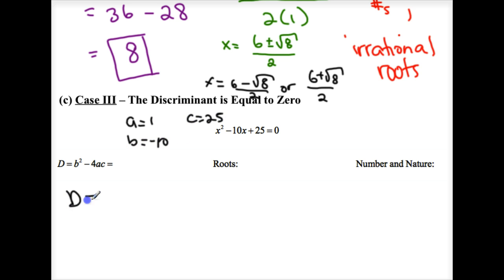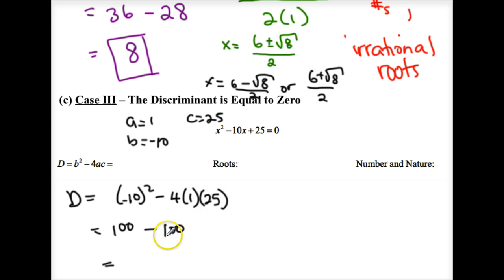My discriminant is equal to negative 10 squared minus 4 times 1 times 25. This is minus, just to be careful. 10 squared is 100. Minus 4 times 1 is 4. 4 times 25 is 100. 100 take away 100 is 0.